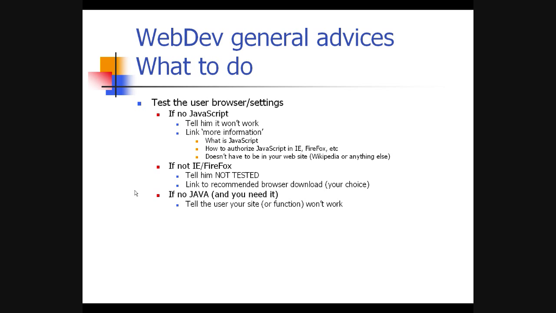Well, I'm telling you what I would do. I would just put you on my blacklist and never come back to your website. So if you're using Java somewhere on your website and the user arrives and Java is not enabled in his browser, tell him that something will not work if Java is not enabled, or work only in a degraded way.